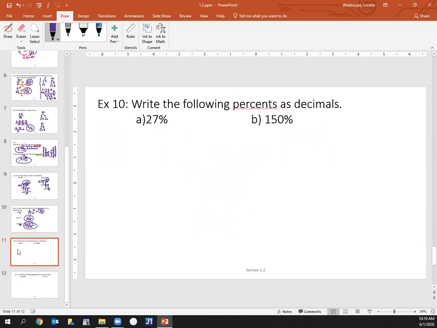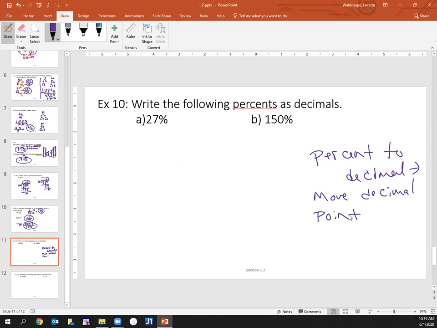Okay, what about percent to decimal? Okay, percent to decimal. You move the decimal point left 2 places, or some people think of it as you divide by 100.